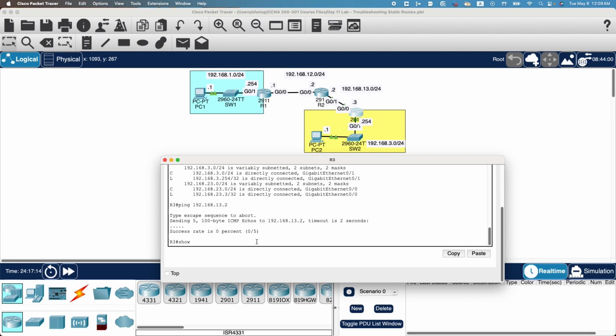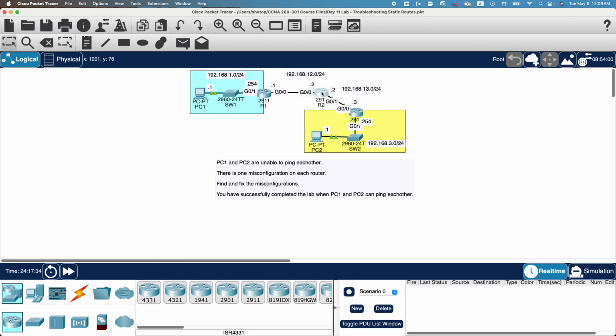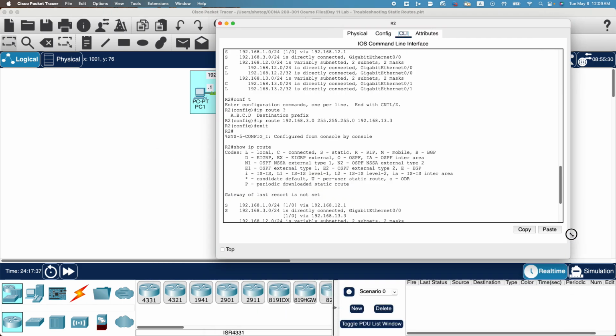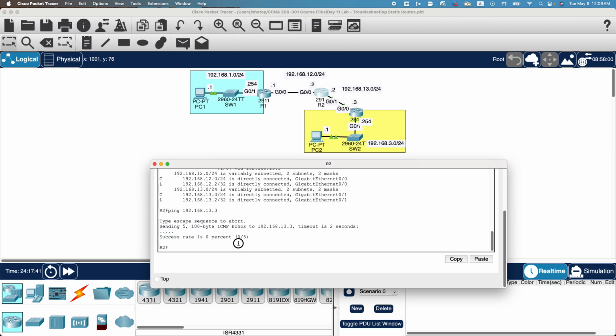Show ip route. Maybe I was wrong. Maybe it needs a route to this network. Yeah, what did I do on two? Go up route.